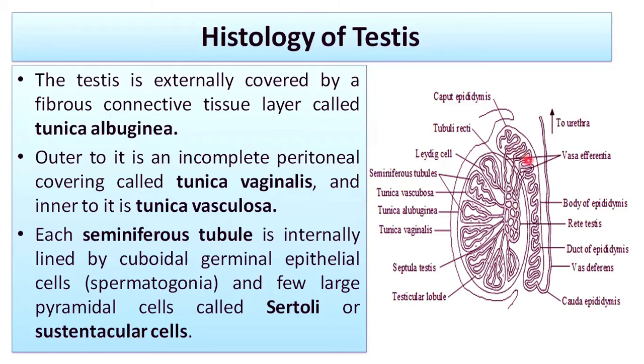Then again the small tubes, from the body of epididymis, the duct of epididymis, the sperm will pass towards the urethra, and then it will pass to the glans of the penis. This is the way to transfer the sperm towards the urethra with the help of all these layers.